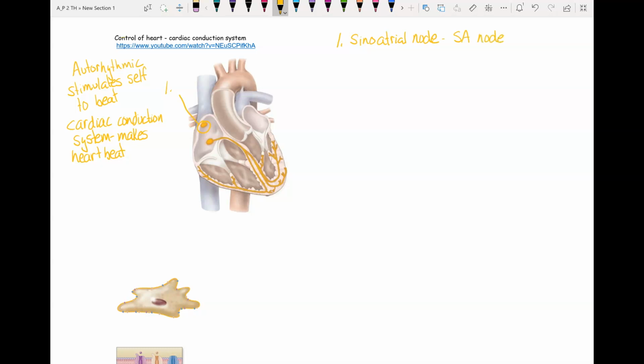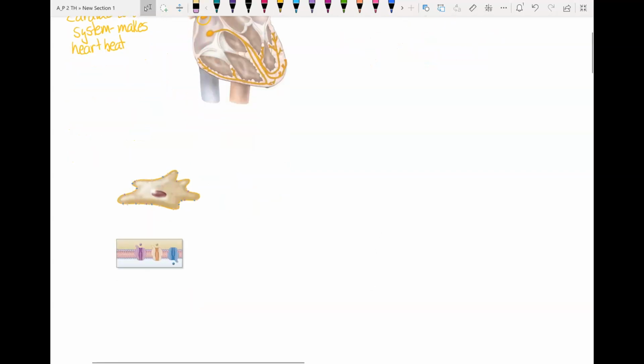So this is in the top of the right atrium. This is what makes the signal. We'll look more at how it works once we've gone through all of the parts.